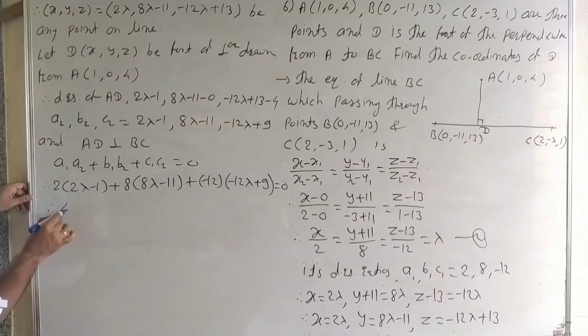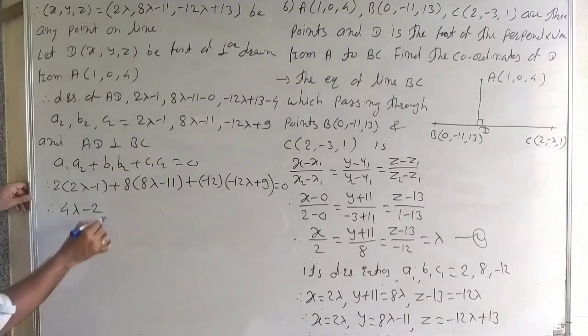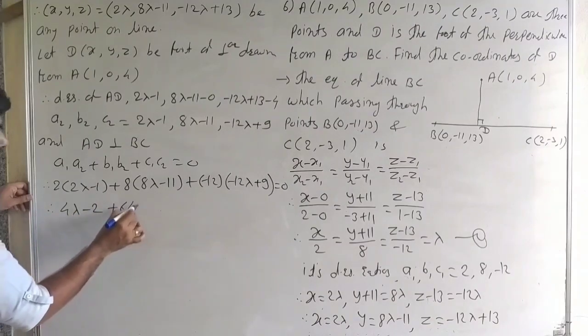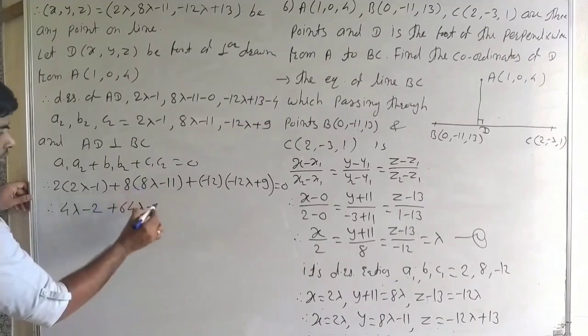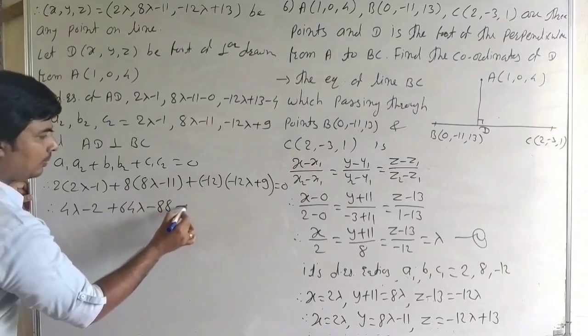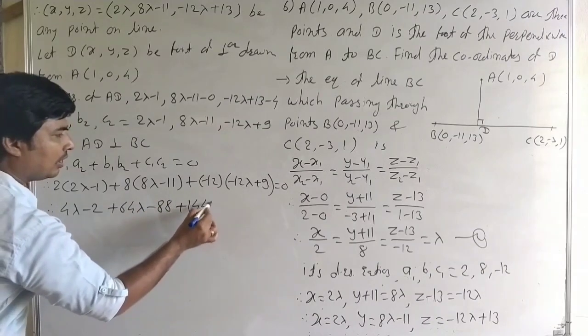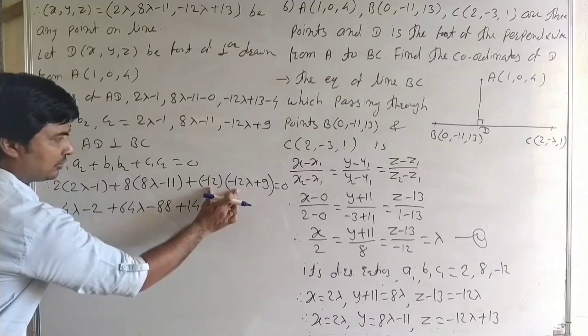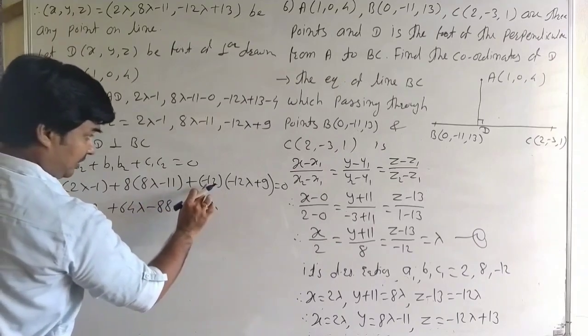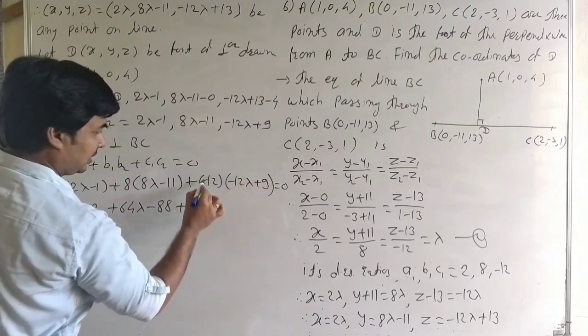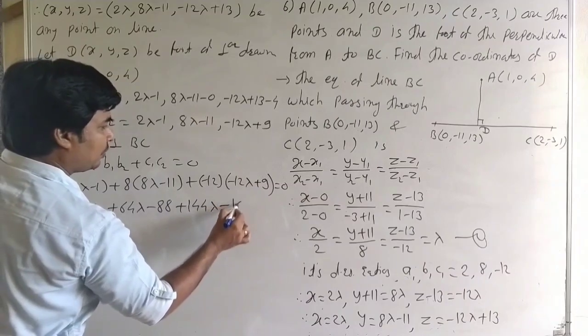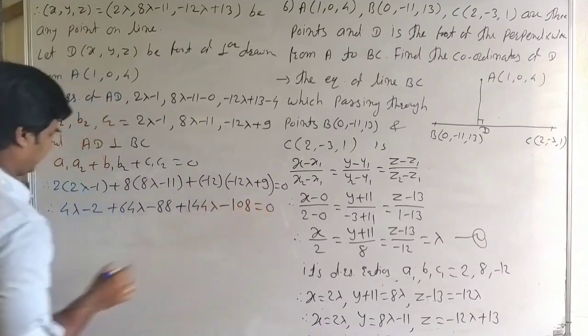Therefore, it is 4 lambda minus 2, plus 64 lambda minus 11 into 8, it is 88, plus 144 lambda, it is 12 minus 12 into minus 12, and here minus 12 into 9, minus 108, is equal to 0.